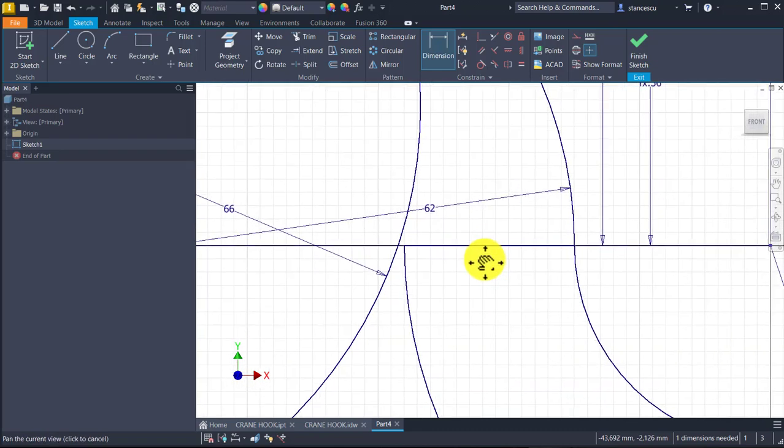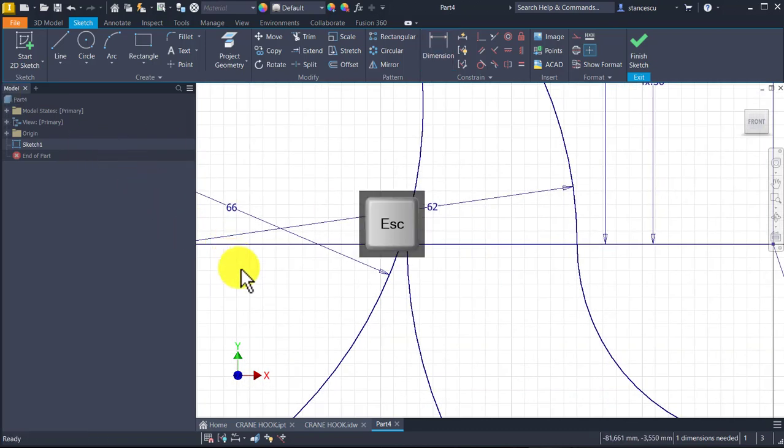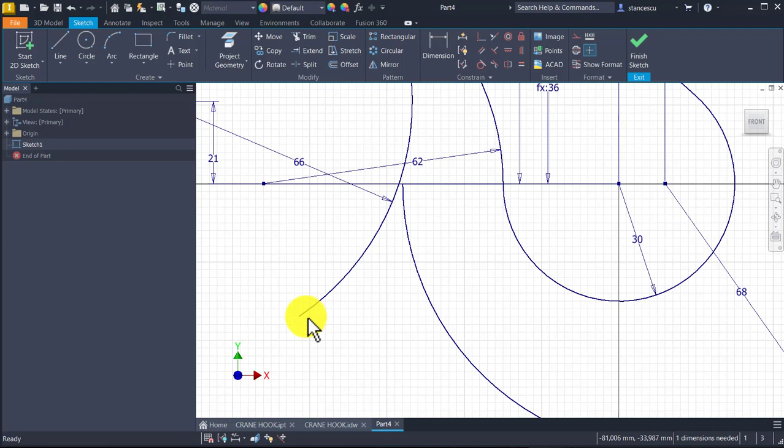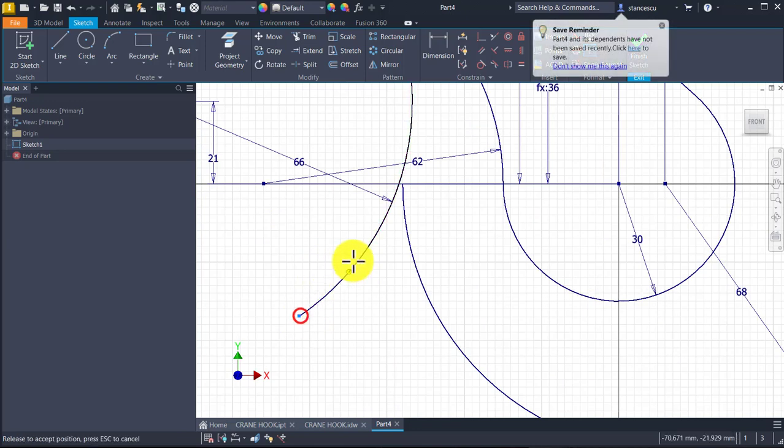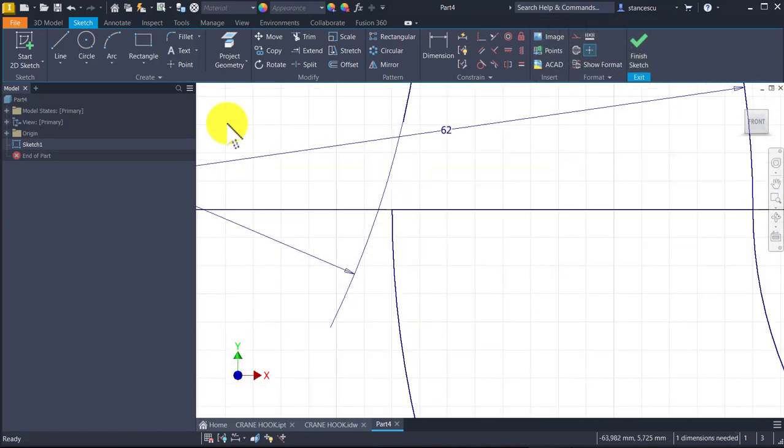Very good. Now I connect these 2 points with an arc.